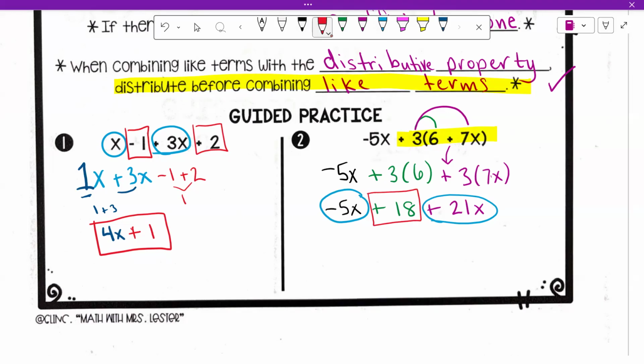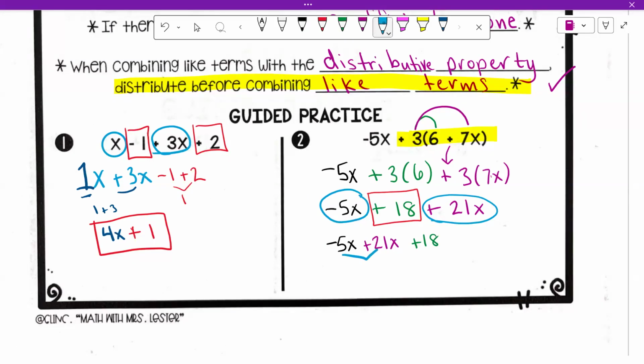has no other constant to pair with. So I'm going to rewrite my like terms next to each other. Negative 5x plus 21x. I said 21, and yet I wrote 12. And then plus 18. Combine my like terms.